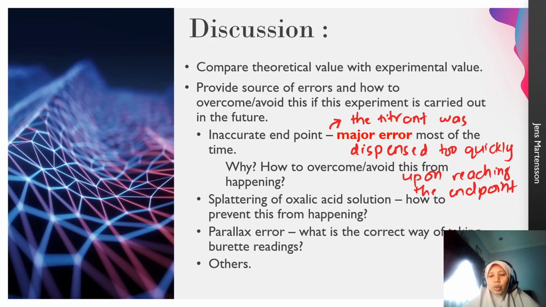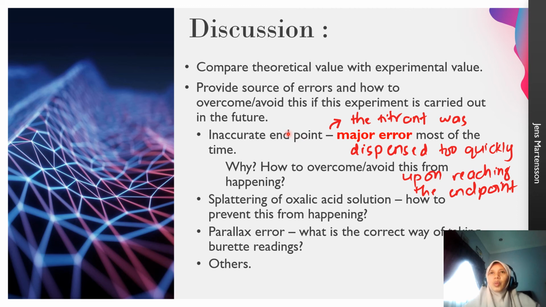Finally, how do you write the discussion? Of course, you compare the theoretical value with the experimental value. For example, in part B, you obtain 0.1980 maybe, but the theoretical value is 0.2000.